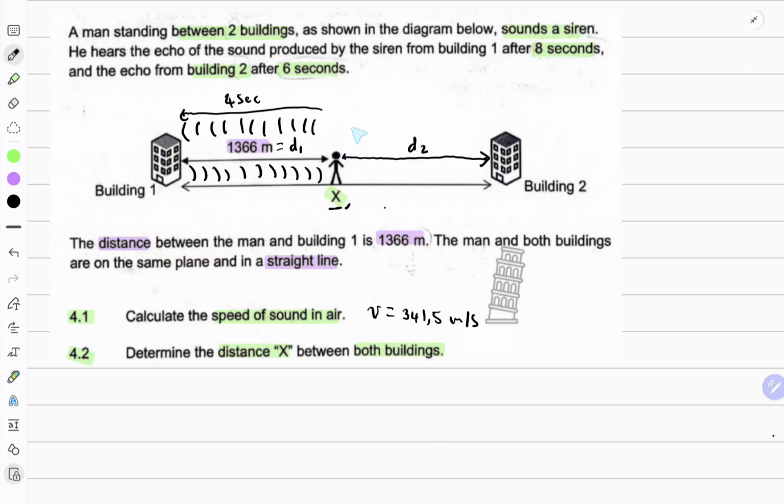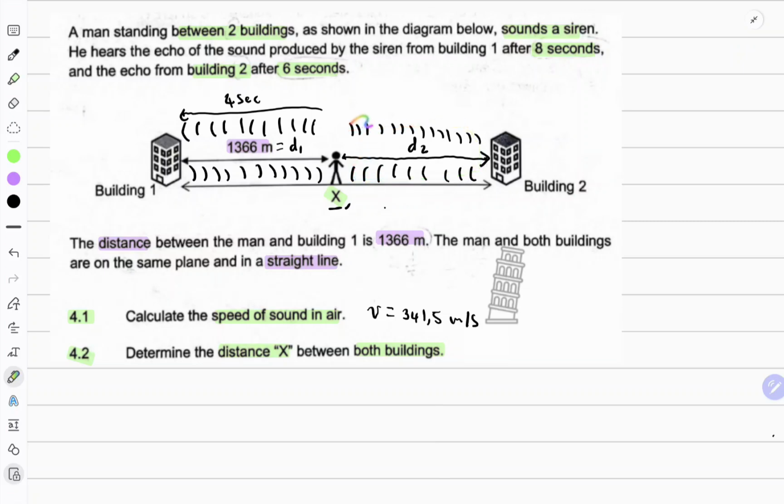Remember, when the man sounds the siren, it takes a total of 6 seconds for the sound to reach the building and return to the source, the echo. So this full journey here takes 6 seconds.